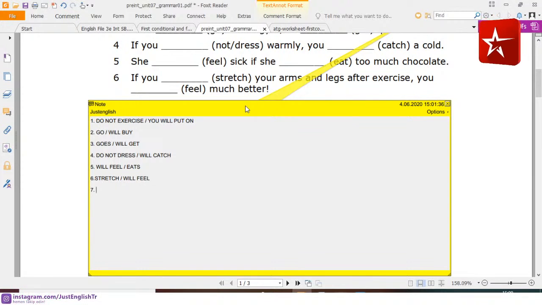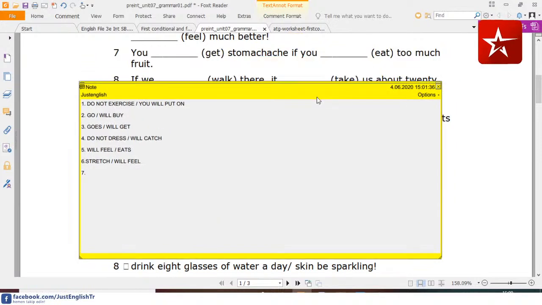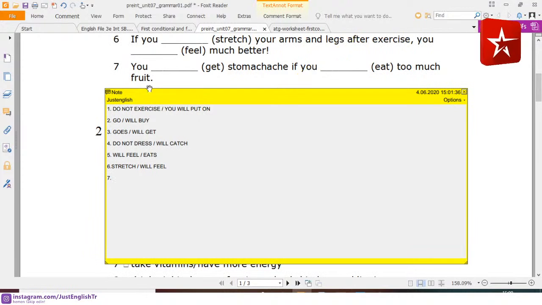And let's continue with number 7. Number 7 is here, you can see. Number 7, you get stomachache if you blah blah blah too much fruit. Yes, Izahan, Ramazan, Kadir, Tuko, Gulsafa, Leyla, your answers are correct for number 7.